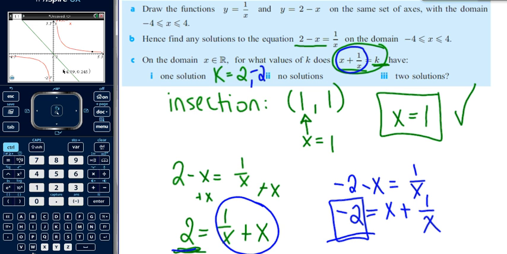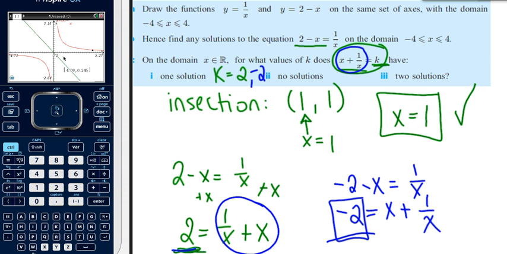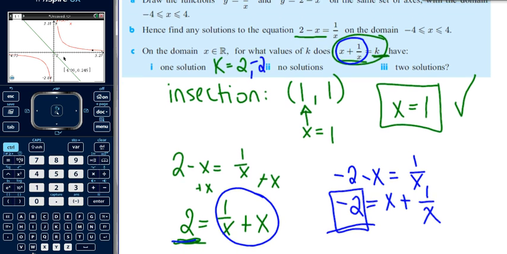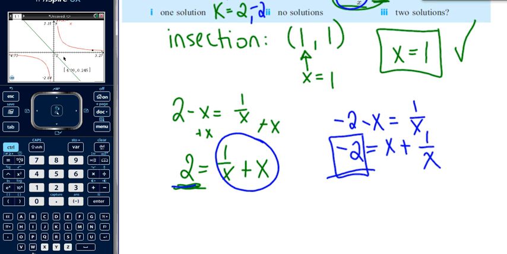So you can imagine if k is between those values, like in this example that I just graphed, k is 0, because we have y equals 0 minus x. That's the function I graphed. So if we want no solutions, it's going to be when k is between -2 and 2. So any value that we're adding to -x in between 2 and -2, we're going to have no solutions.